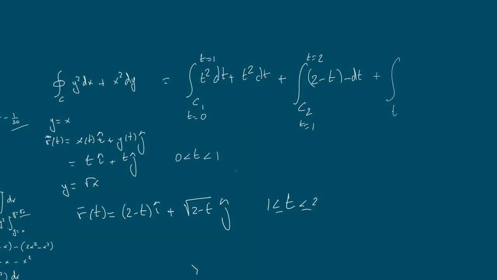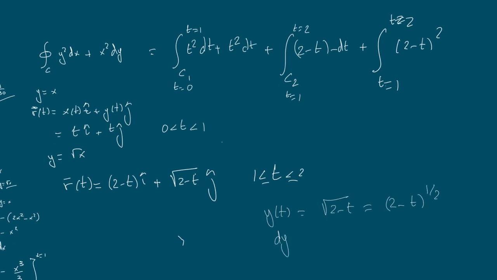Plus the integral from t equals 1 to t equals 2 of, so I did the y squared dx, and now I have to do the x squared dy. The x is 2 minus t, so it will be 2 minus t squared times dy. The y of t is the square root of 2 minus t, which is 2 minus t to the 1/2.